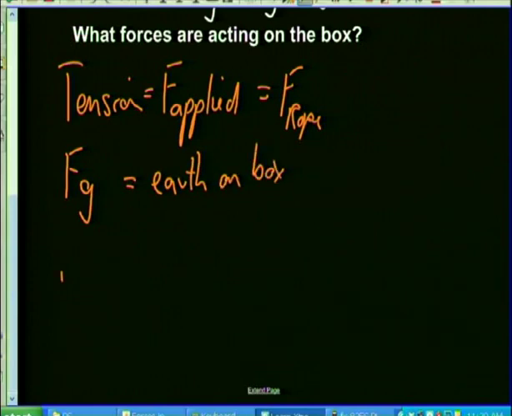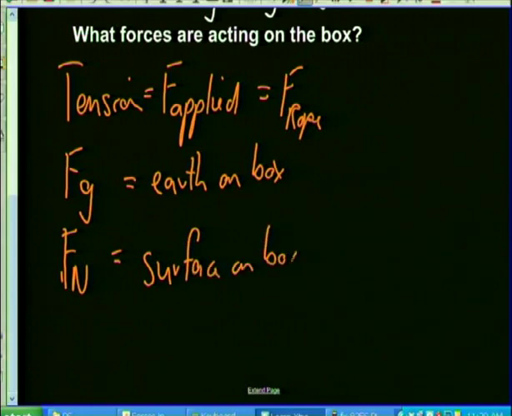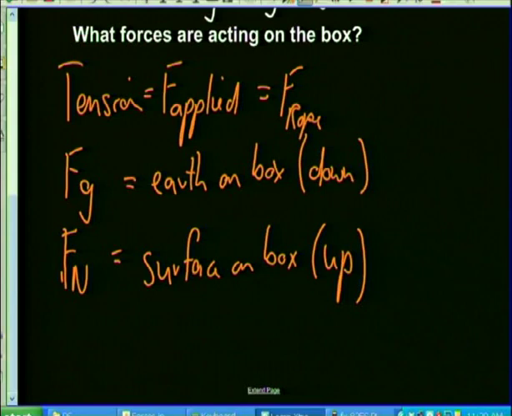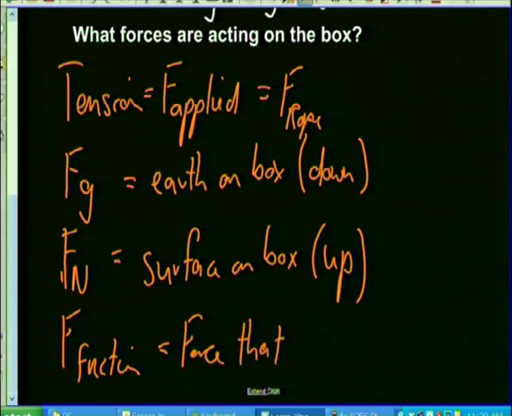You can also say that there's a normal force. The normal force is the force of the surface on the box. And notice that this one is up, and the force of gravity is down. And the last one that we mentioned was the force of friction. So this is the force that opposes motion.